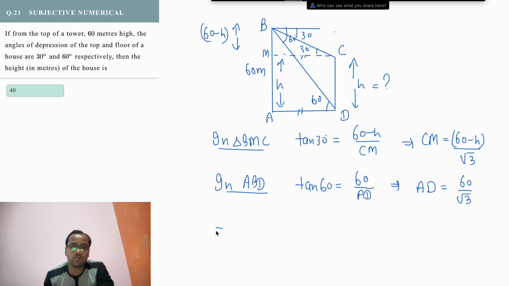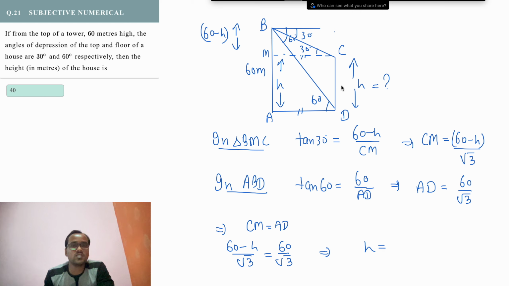So equate them. That would be coming out to be 60 minus h upon root 3 is equal to 60 upon root 3. That means h is coming out to be, I guess some mistake is there. Let me check once again.